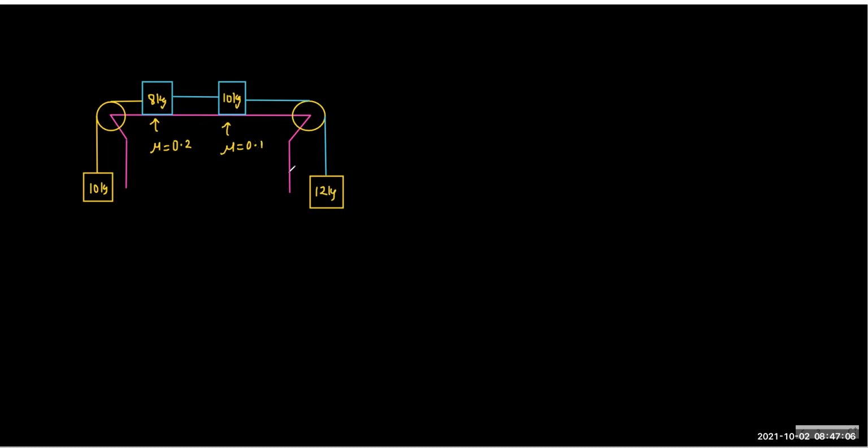Find the tension in each string and find the friction force acting on each block. I hope the question is clear.